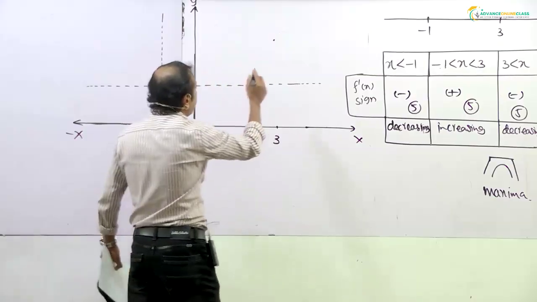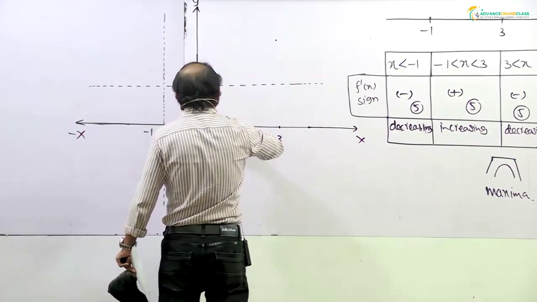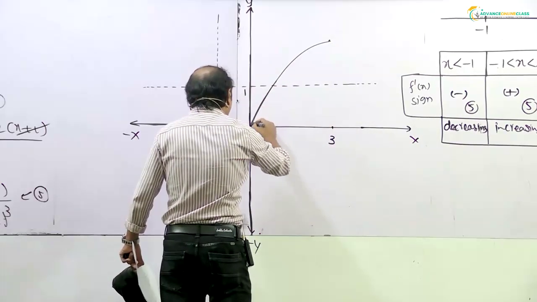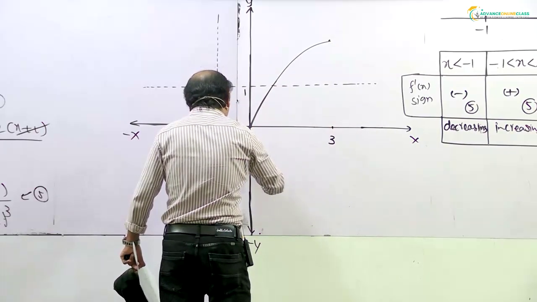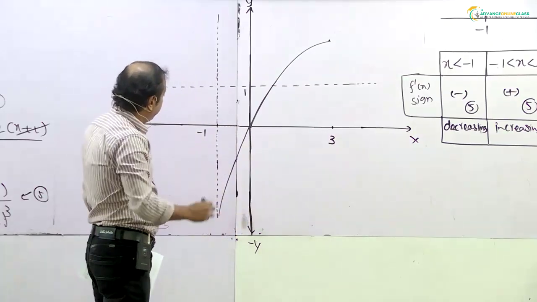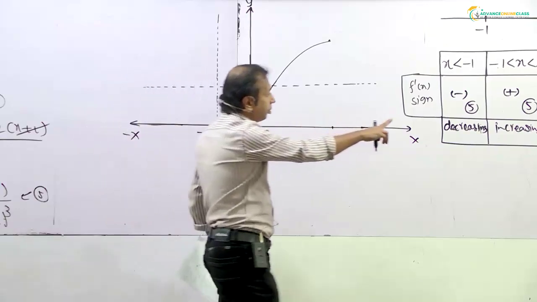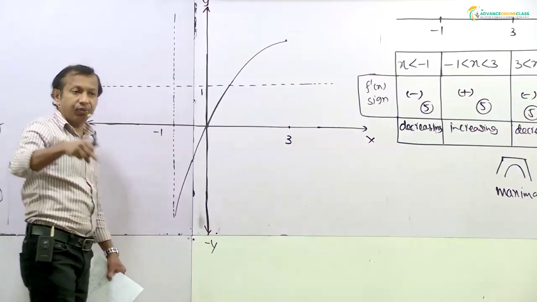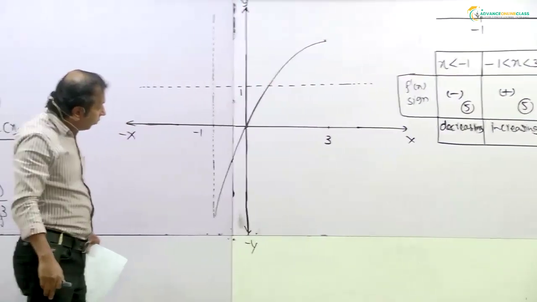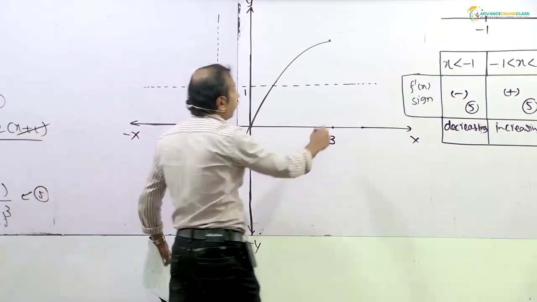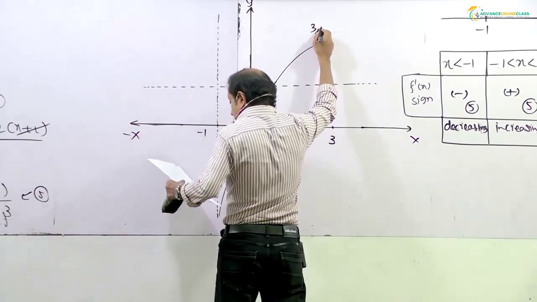Right? This way we get. Okay. Minus 1 and 3, gradient positive here. When we go closer to minus 1, since at x equals minus 1 there's a vertical asymptote, the graph should be like this. This point is 3, 9/8.